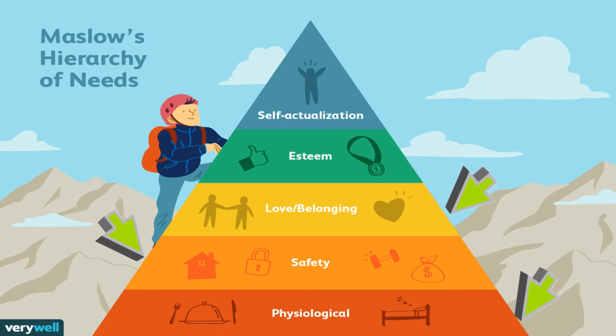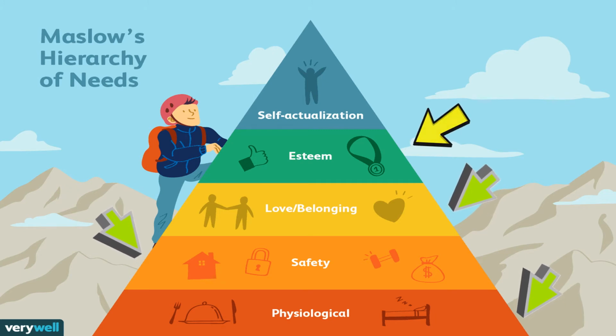If we are able to meet these three levels, then we can proceed to the fourth level, which is esteem. When you speak of esteem, you are assured and confident of yourself. You are not afraid anymore to take on challenges. The family is not afraid to venture on new activities.